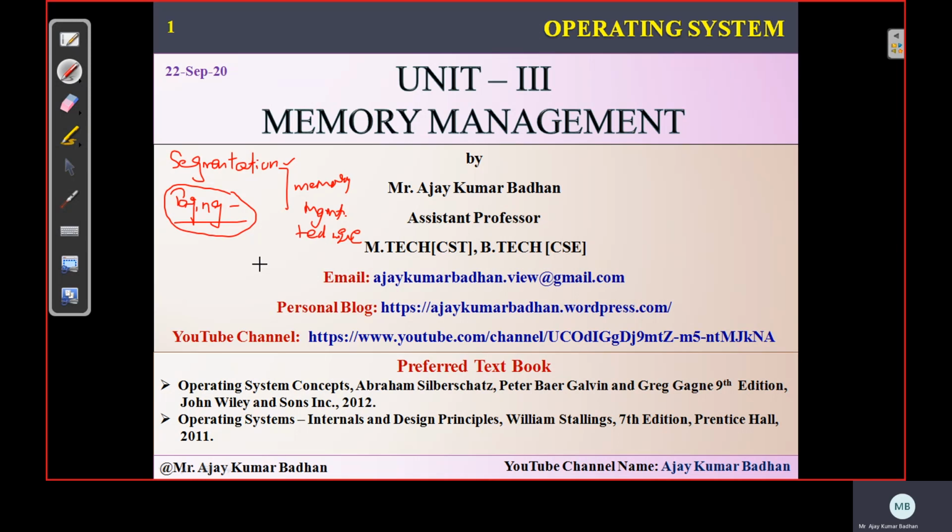Apart from that, we also discussed how internally your operating system maps the logical address to the physical address in this paging concept in the previous session.